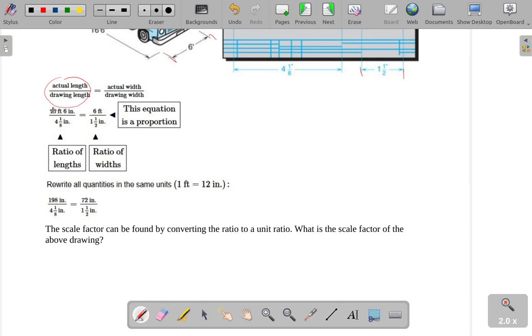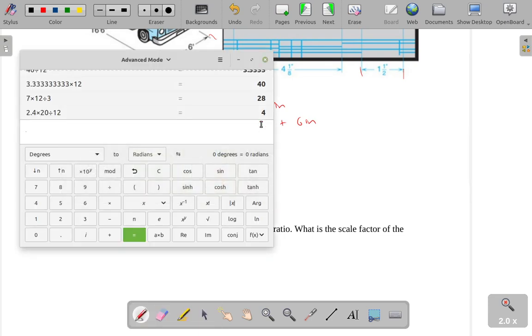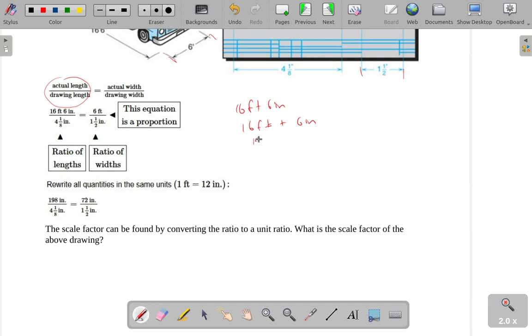So we'd start with 16 feet 6 inches, which is 16 feet plus 6 inches. Let me figure out how many inches 16 feet is. 16 times 12 is 192, so this is 192 inches plus 6 inches, for a total of 198 inches. You can see it's replaced with 198 inches there.